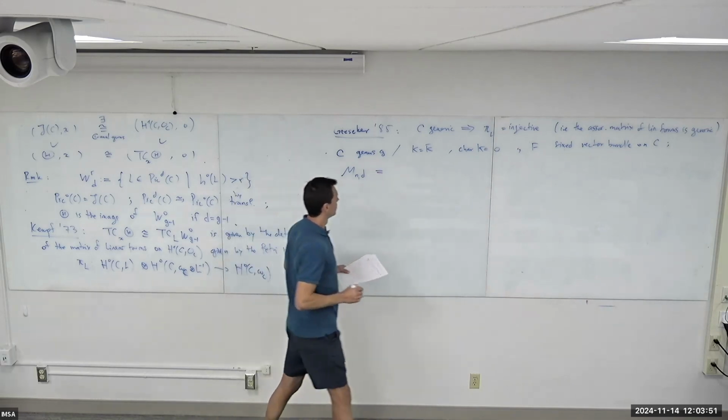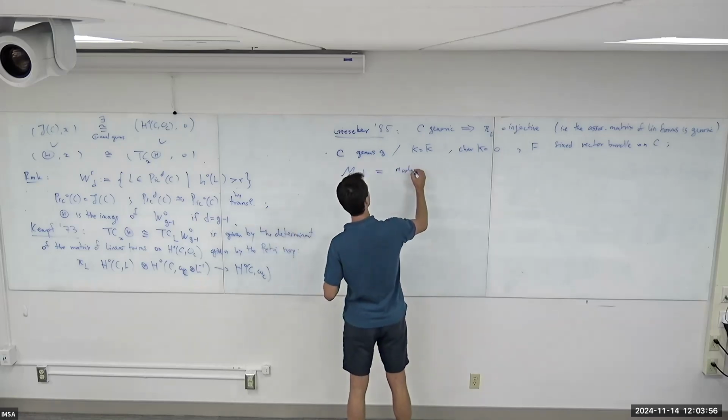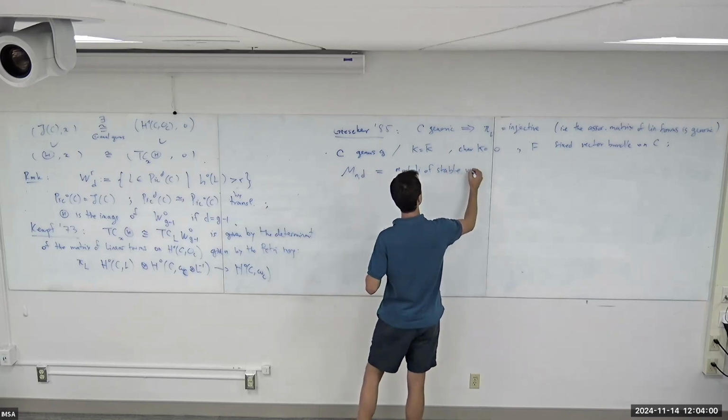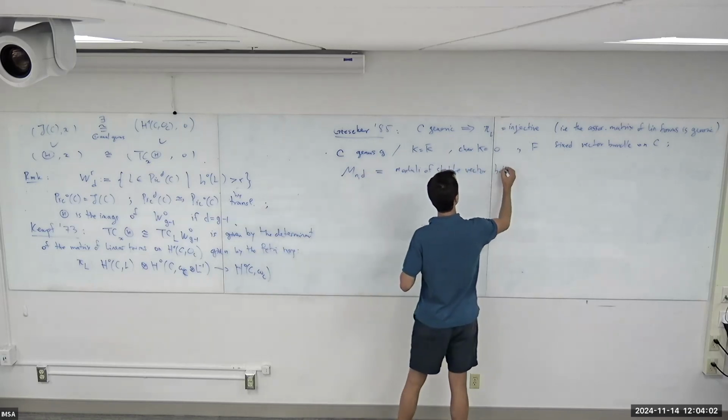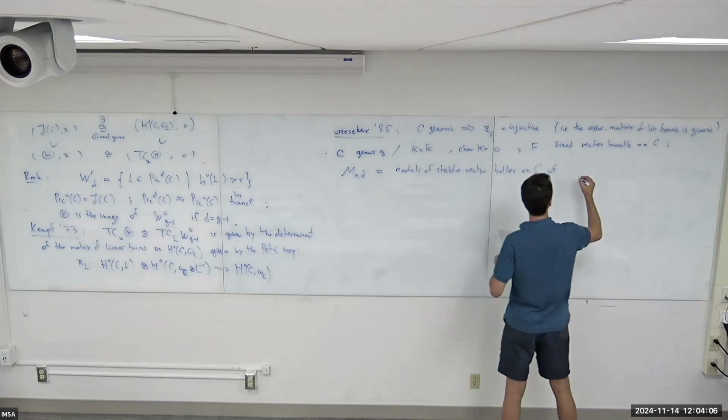We go to the moduli of stable vector bundles instead of just line bundles, of rank n and degree d.